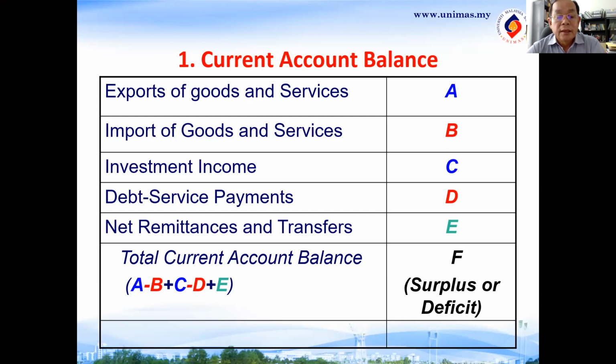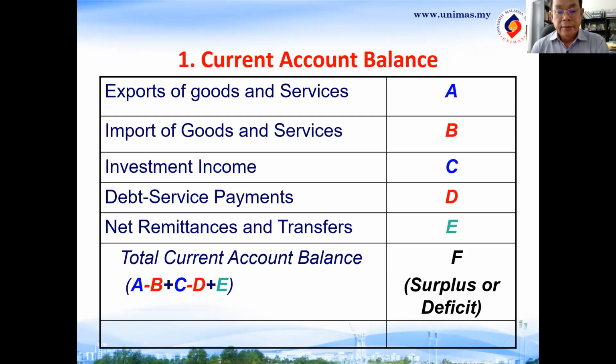And then the other one is the investment income. I put the color blue for C, because the more investment there is, the better it is for the country's current account, actually. And then there is the debt service payments, which you have to pay for any form of borrowing, ataupun yang pinjam lah.